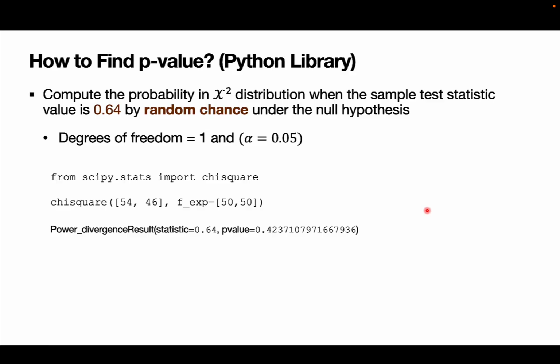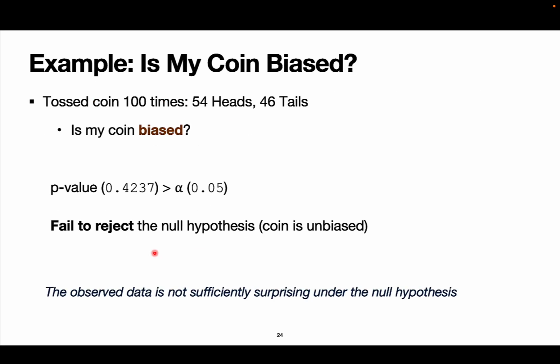All we need to do is pass the observed frequencies and expected frequencies to the chi-square function, and in return we get the value of the test statistic, which is 0.64, and the same p-value we looked up earlier.